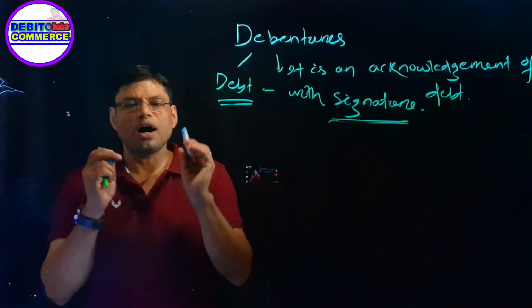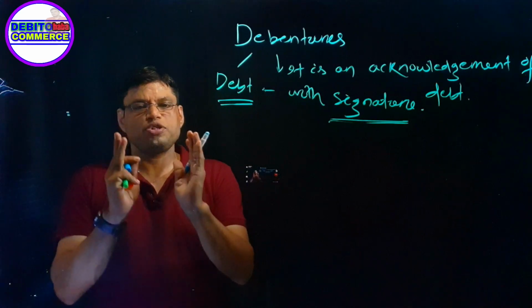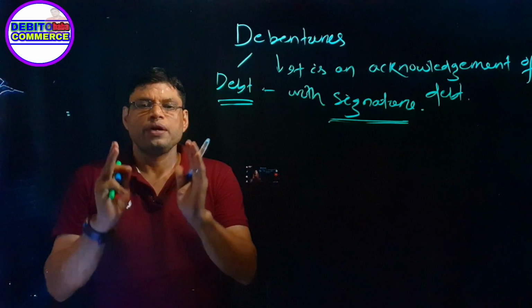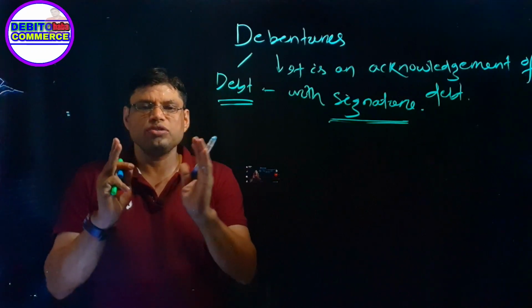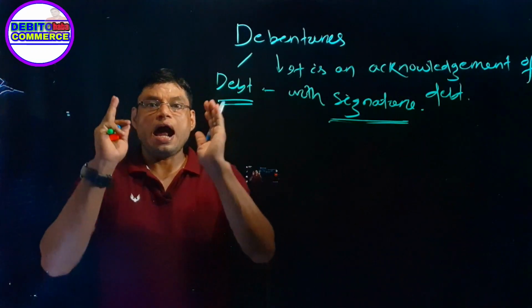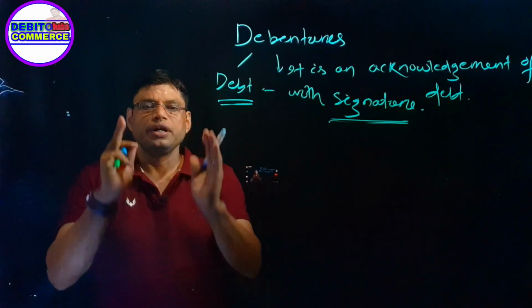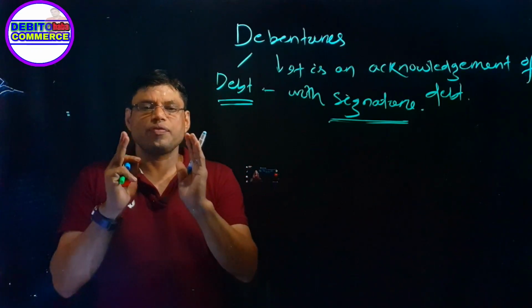As we know, a company is an artificial person, so it will have one common seal. The company has taken debt from the public and is acknowledging under the common seal that it has taken a debt from the public.